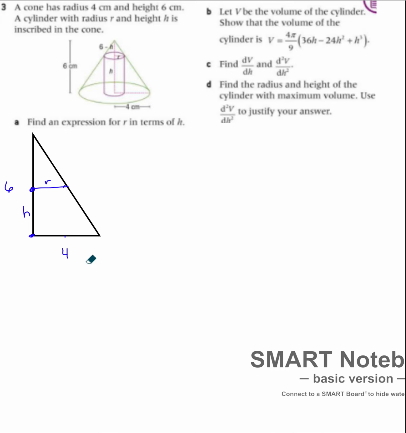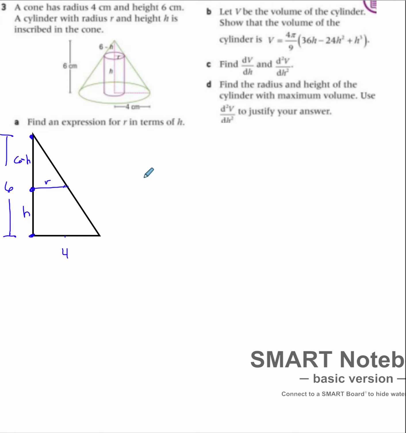If from here to here is the height, from here to here is going to be 6 minus h, because the entire height is 6. So if this part is h, then this part right here has to be 6 minus h.